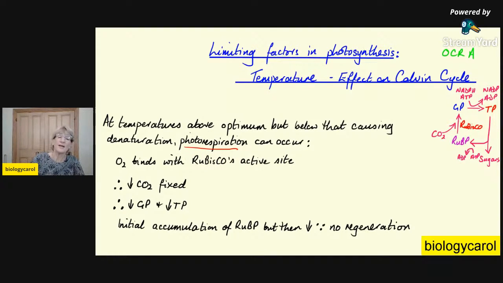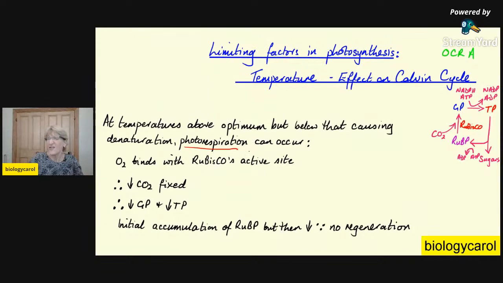Just as a little aside, and you don't need to know this for A-level, photorespiration is kind of the worst of both worlds, because it uses oxygen and gives off carbon dioxide, but unlike photosynthesis, it doesn't produce any sugars, and unlike respiration, it doesn't produce any ATP.